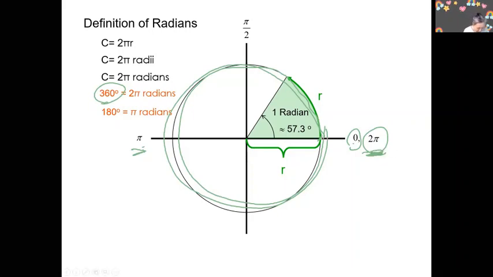Then we can conclude that pi radians is 180 degrees. So from 0 all the way to the 180 position as an angle in degrees, it's going to be pi.